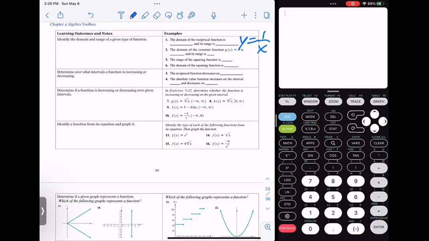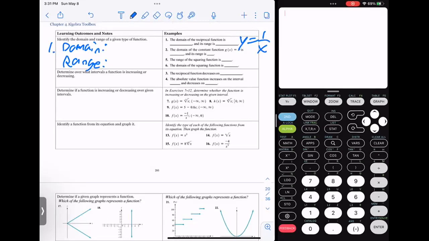Okay. So we are asked to show that in interval notation. Now, what x values can you not use? Actually, I don't think it asked for interval notation.